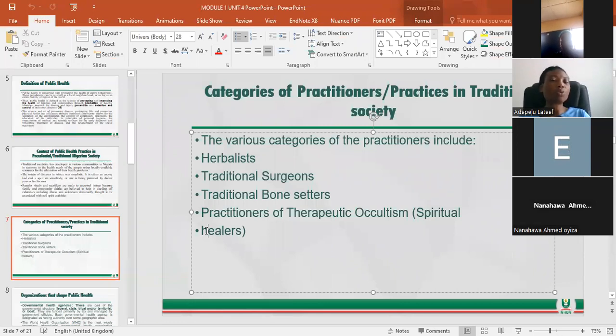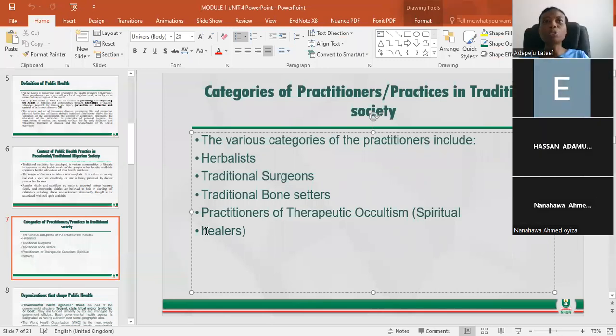For the females, they cut part of the clitoris, which we are saying should be put to an end. And they do circumcision also for the male child. They carry out their duty with the use of a special knife or scissors to perform their operation.